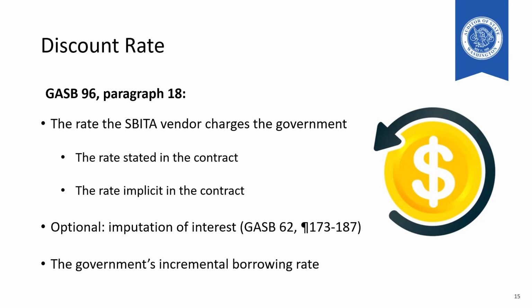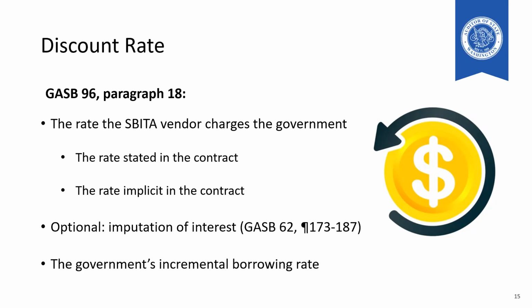That's probably not the case though. A lot of SBITA contracts do not have an interest rate in them. Instead, you can calculate the rate that's implicit in the contract. GASB Statement 62, paragraphs 173 to 187 give guidance for how to impute the interest rate.